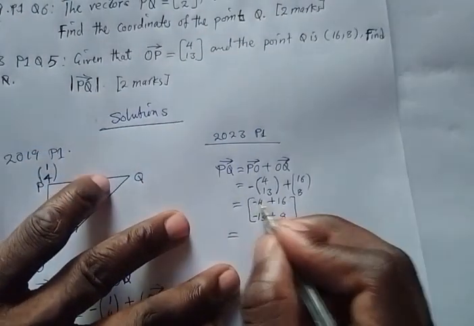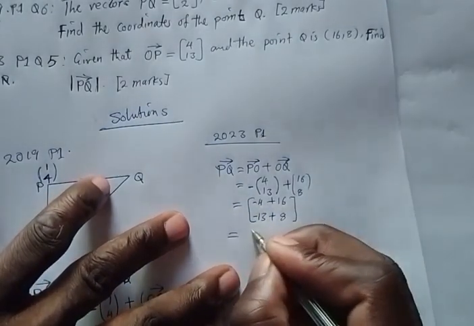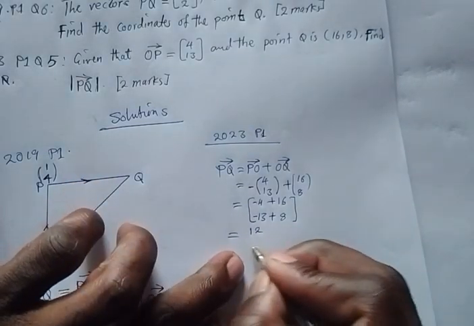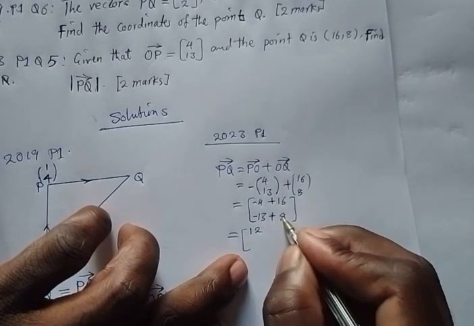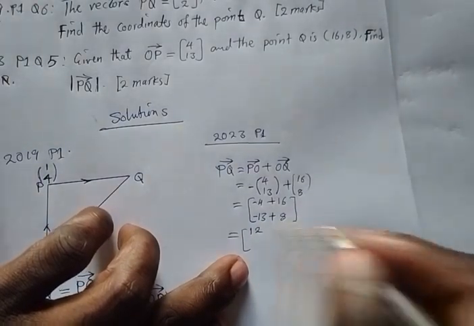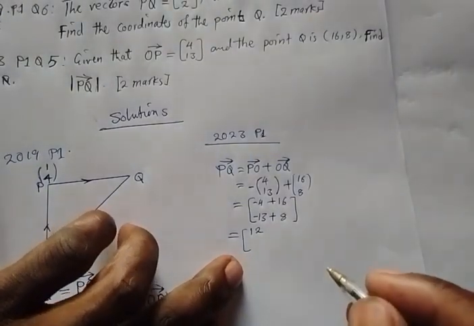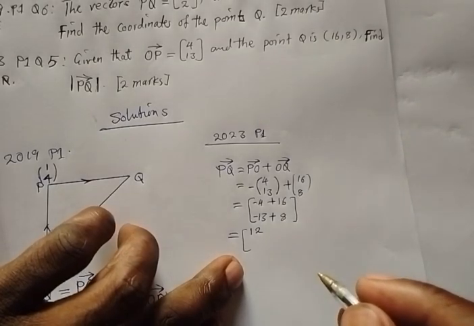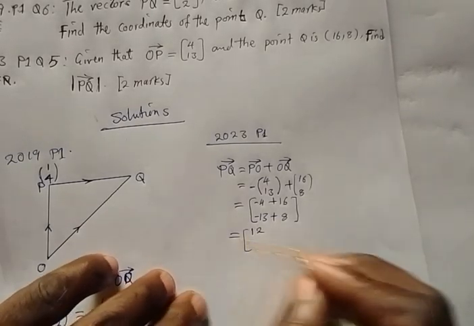So -4 plus 16 is going to give us 12. Then -13 plus 8, it is going to give us negative 5.